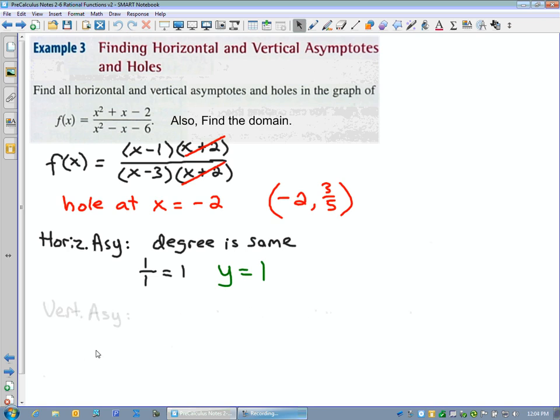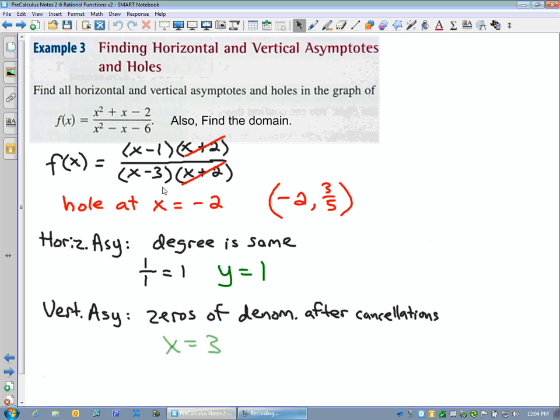And of course, for the vertical asymptote, again, we're looking for zeros of the denominator, but we want to find the zeros after we do our cancellations. So it's zeros of the denominator after cancellations for the vertical asymptotes. The zeros of the denominator that got canceled out, those were holes. So here we have x equals 3 would be the only zero of that denominator. It's the value of x that causes that factor to be 0.